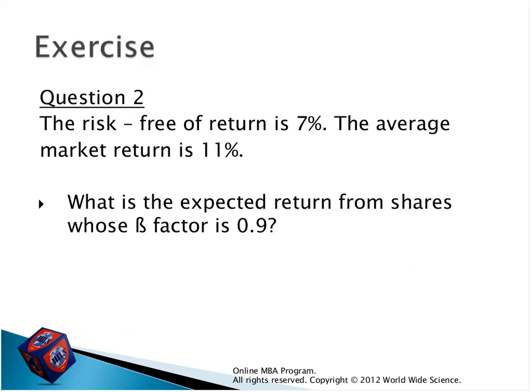Here is another example for you, question number 2. It says the risk-free rate of return is 7%, identified by the company, and the average market return is 11%. So we identified in the market the average returns would be 11%. What is the expected return from the shares whose beta factor is 0.9?